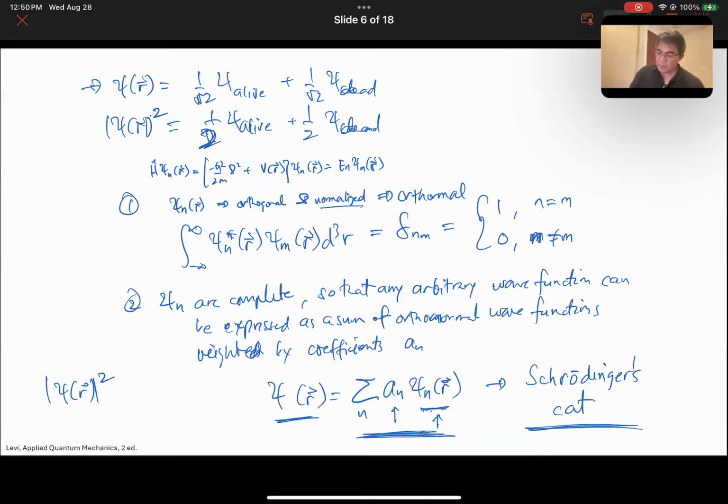That's why it's 1 over square root of 2, because the probability is 1/2. So that's how we describe Schrödinger's cat, with this equation.